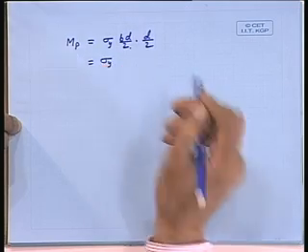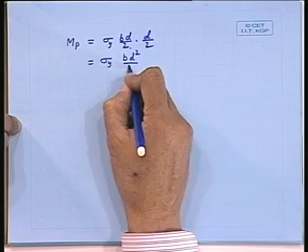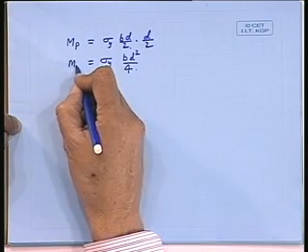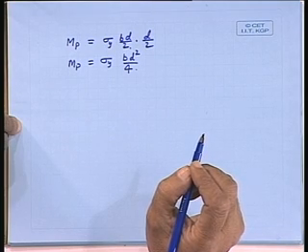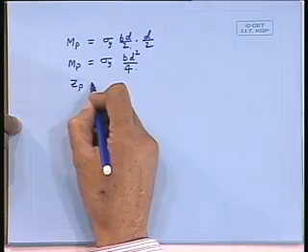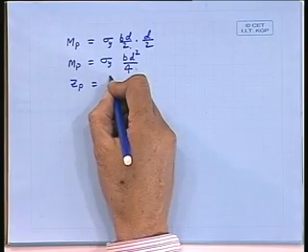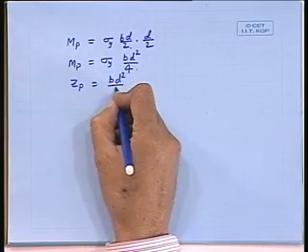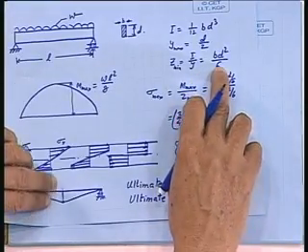Okay. So this is equal to sigma y, and I say BD square by 4. So what is Z plastic? Z plastic works out to be this, and we had already calculated what is Z elastic here.